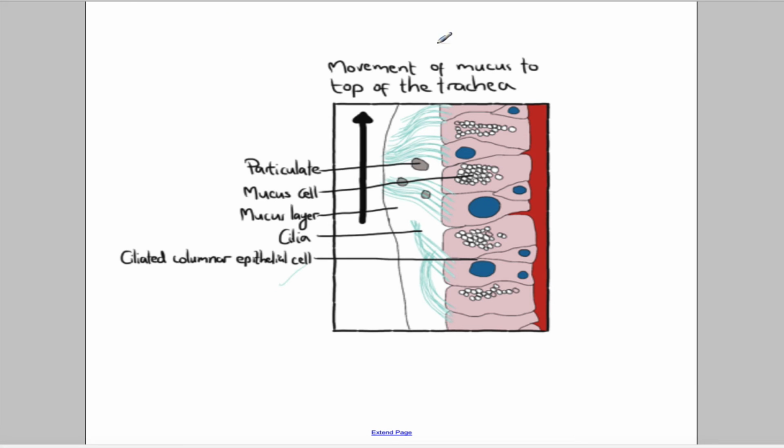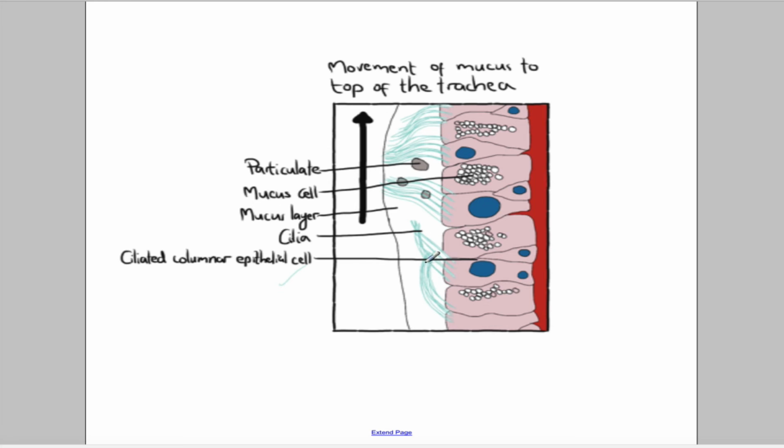Back to the lining of the trachea and the bronchi and bronchioles, we have these specialized epithelial cells with these tiny structures called cilia, these hair-like structures, which constantly push up the mucus to the top of the throat, where any particulates, any microbes that have been trapped are then swallowed down into the stomach. Now, if you smoke, one of the effects is to actually stop the cilia from moving.